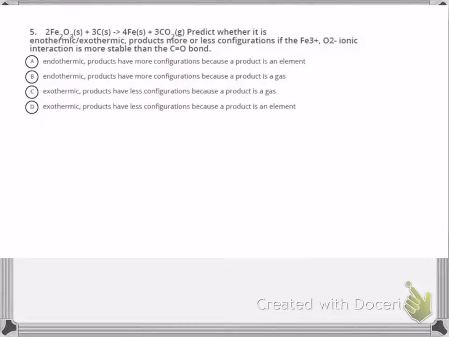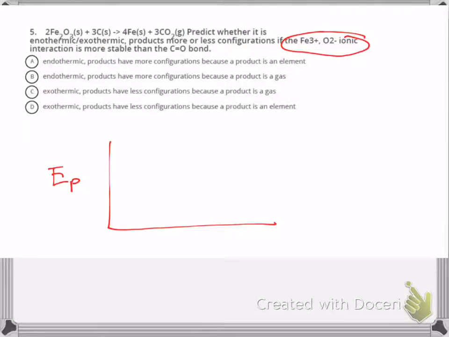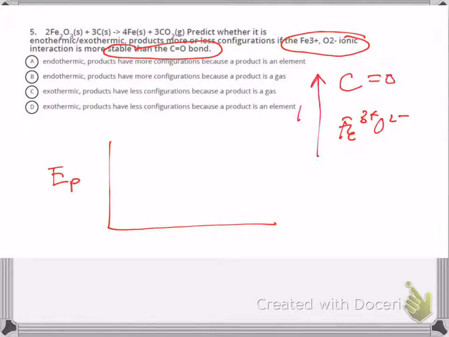Question number 5 says if we're looking at this balanced chemical reaction and we're told that the Fe3+ O2- ionic interaction is more stable than the C double bond O, then what we're really saying is that the potential energy is higher for C double bond O, which is a product, than the ionic species in the reactant.